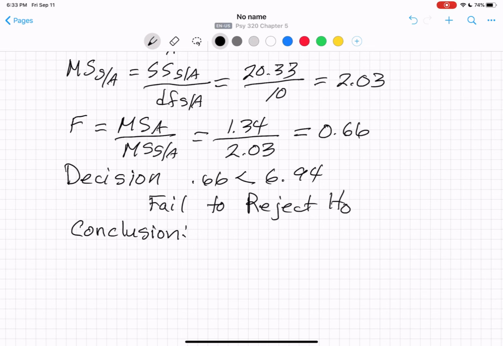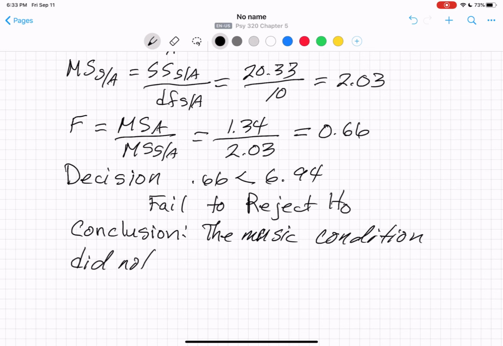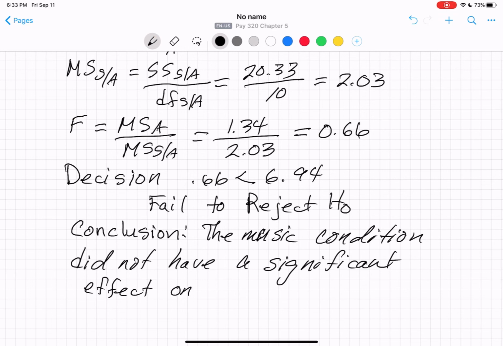Okay, so our conclusion is that the music condition did not have a significant effect on quiz scores.